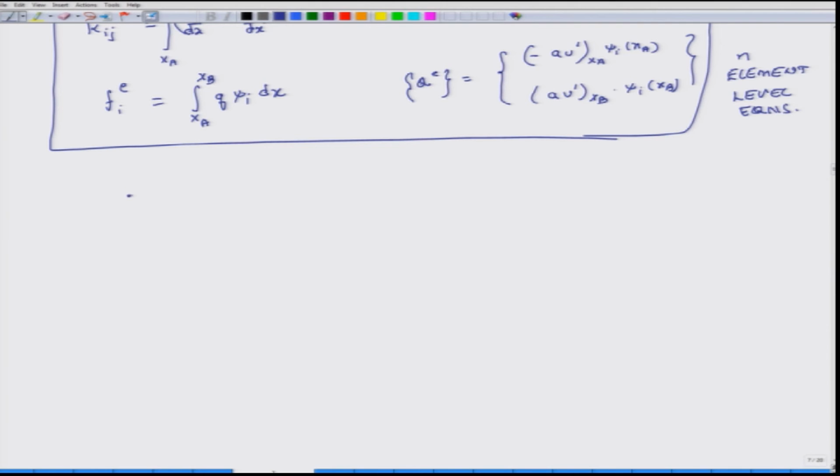So, suppose you have an element and its global coordinates are x a and x b. So, this is coordinate x, and this is the global coordinate system.